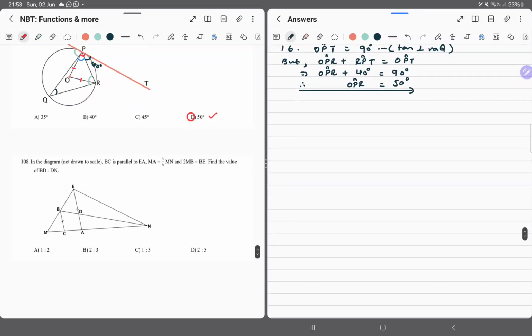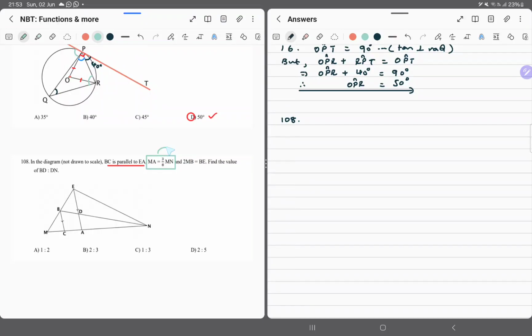Okay guys, let's get to some more Euclidean geometry. 108. We are told here in the diagram, not drawn to scale, BC is parallel to EA, so that is indicated. Then MA is equal to 3 over 8 MN. Now this needs you guys to simplify it, okay? If you don't simplify it, you will die a slow death.